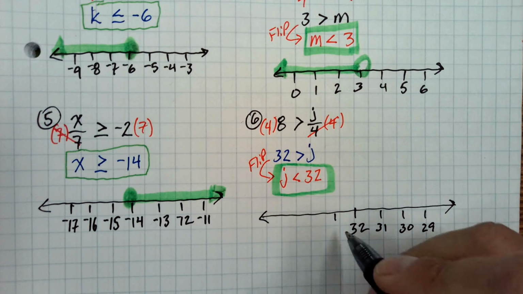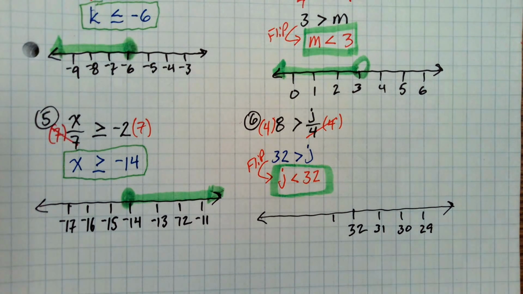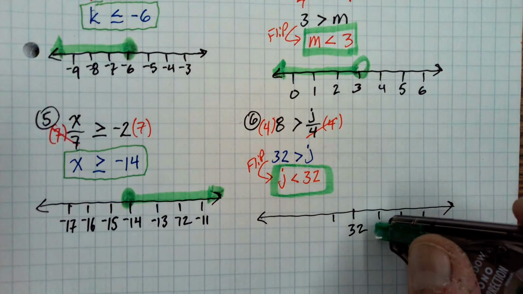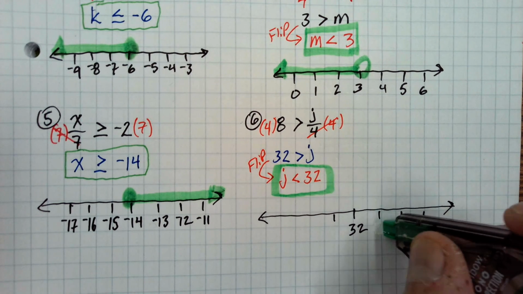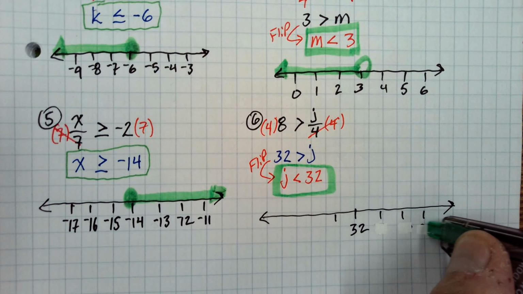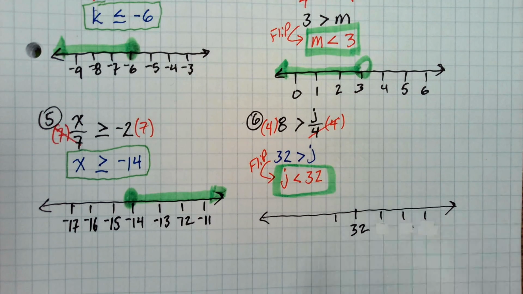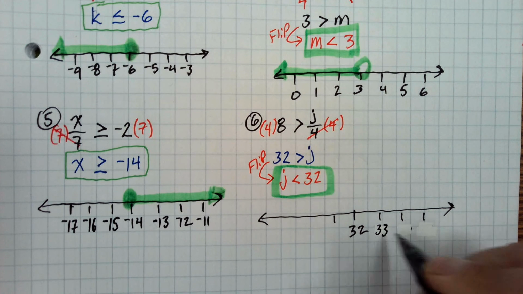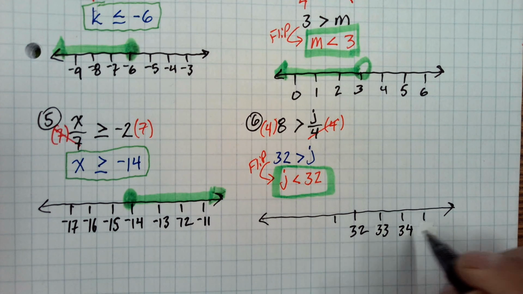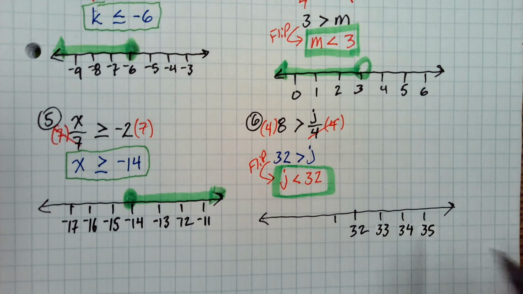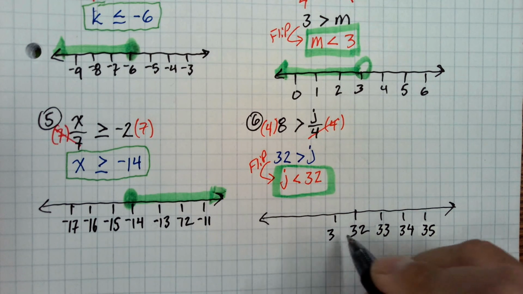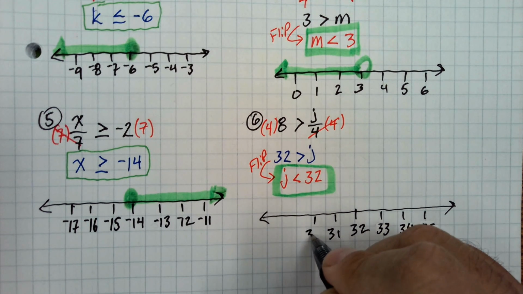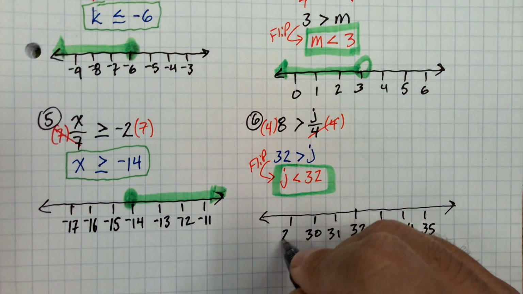Let's see. Oops. I finally did it. You see what I did? I got stuck on the negative numbers. And I did this in the wrong order. These are bigger, 33, 34, 35, 31, 30, 29.